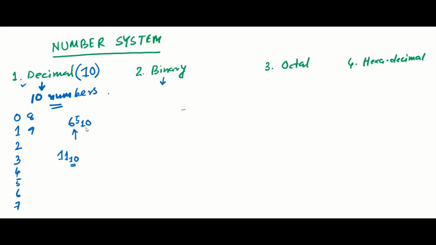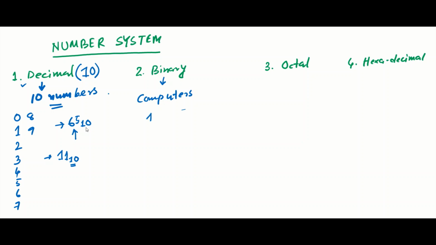This number system is specifically designed for computers. Any information that I have displayed in the decimal number system, such as the number 11 or the number 65, is converted to binary so that the computer processor can process it. We all know that a computer is an electronic device, so it uses only two digits to represent a number in the binary system.